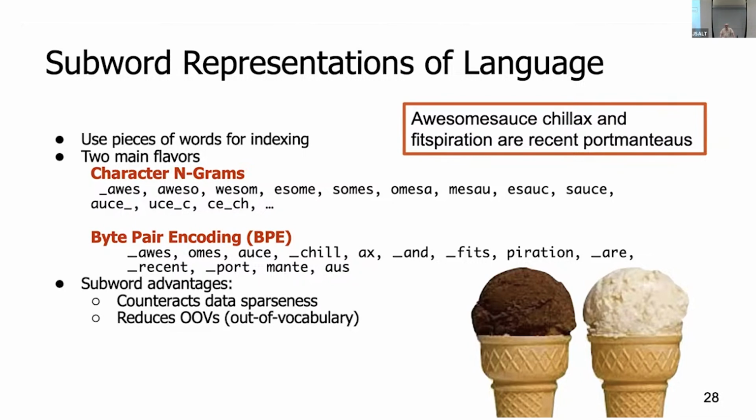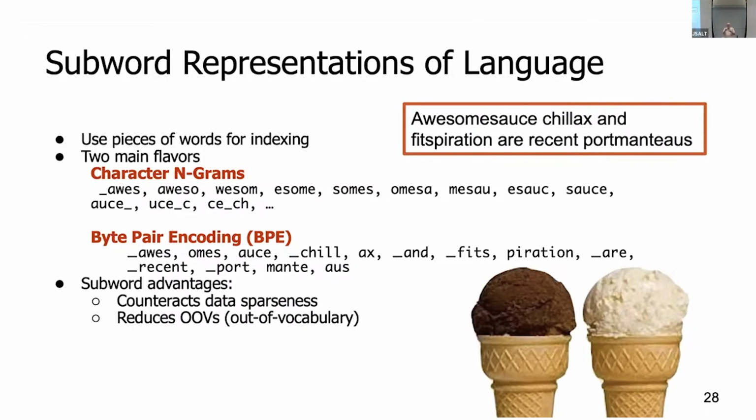Subwords have some real advantages over other kinds of tokens. They counteract data sparsity. If you're training on some collection, and you have very few occurrences of some term, or there's some word that's out of vocabulary, just not in your collection, what do you do?